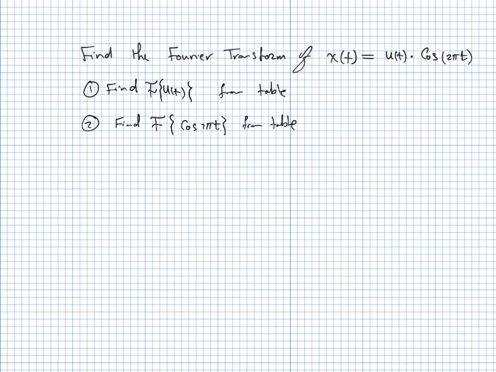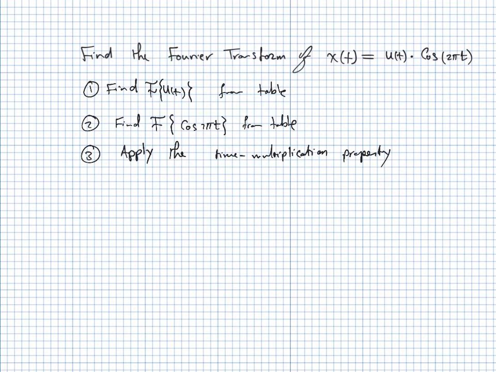Both of these are famous functions, you can find them from the table. And then number three, apply the time multiplication property. Okay? So basically multiplication in time is going to result in convolution in frequency multiplied by 1 over 2 pi.